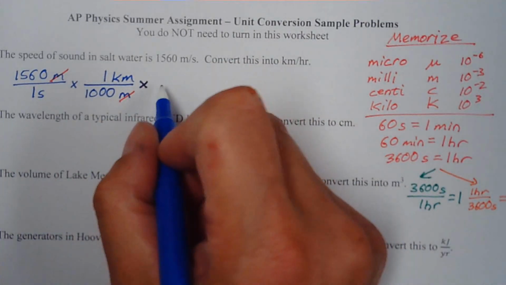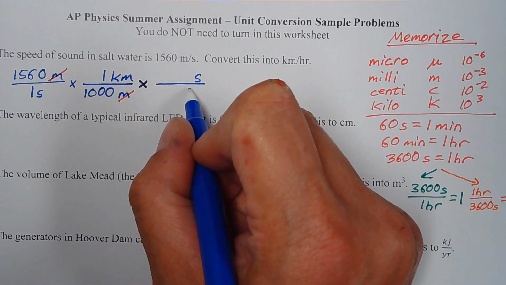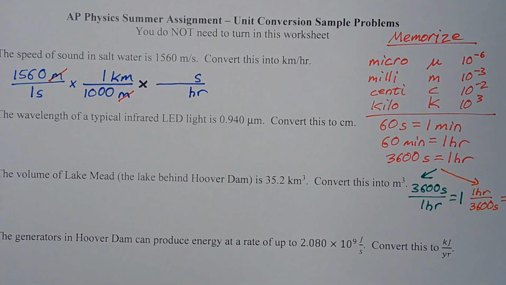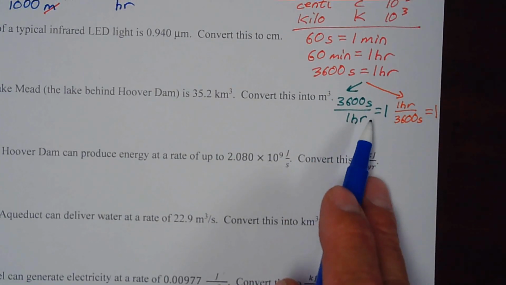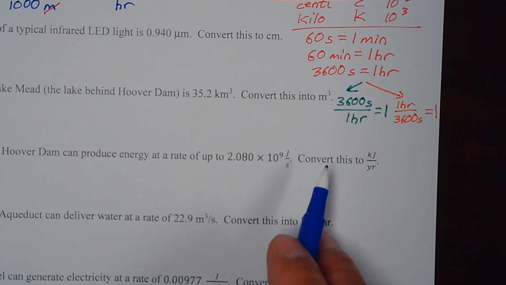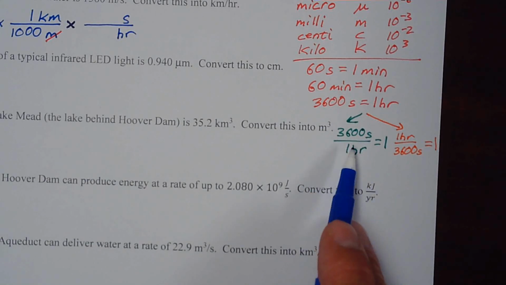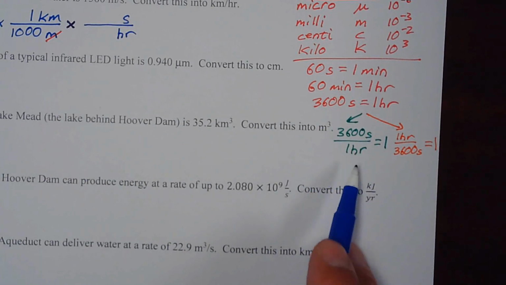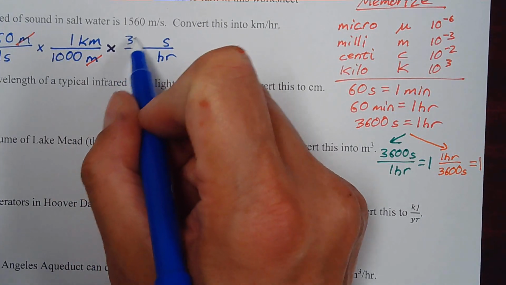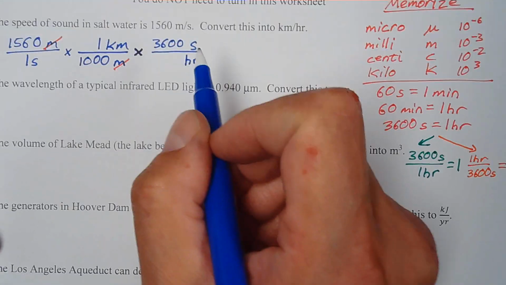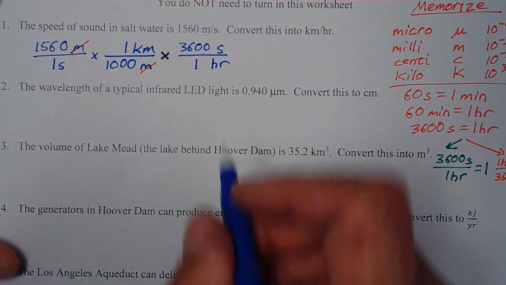So we need some conversion factor that has an equivalent unit of seconds on the top and hours on the bottom. And we just made two versions of that right here. Seconds and hours in the same conversion factor, and the green one here is the only one that actually has seconds on the top and hours on the bottom. So we can write 3,600 seconds for every 1 hour.